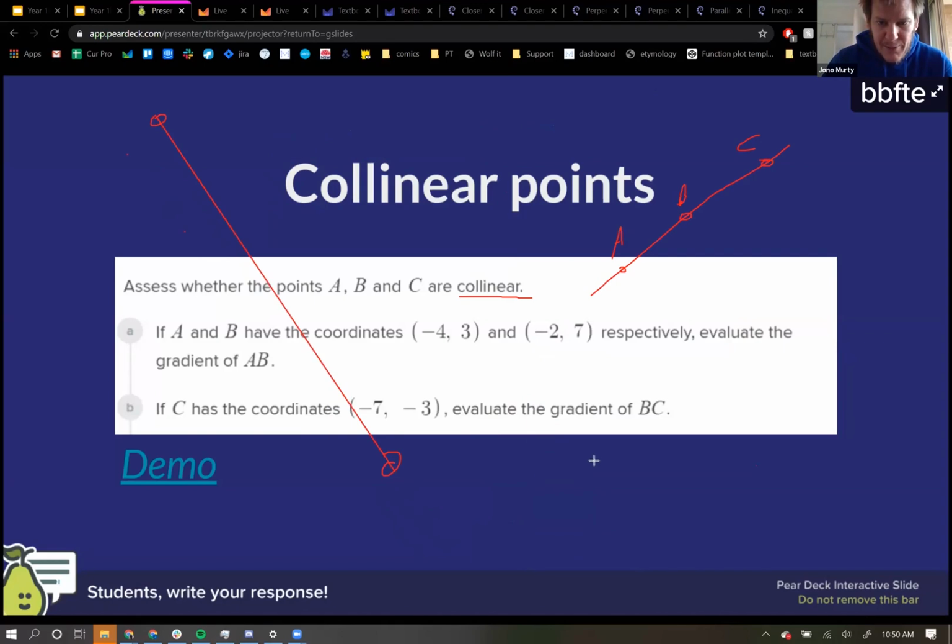But if I have any 3 points, I can't necessarily draw a straight line between them. Whichever one I pick, I won't be able to draw it through 3. So if I can draw them between 3 points, it means they're collinear. So you'll probably notice now, most of this topic involves using the gradient formula and then deciding whether things are either parallel, perpendicular, or on a different line.